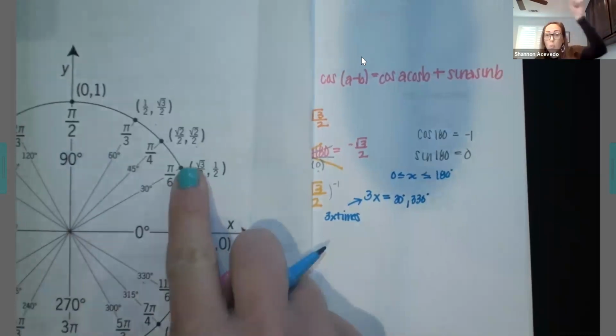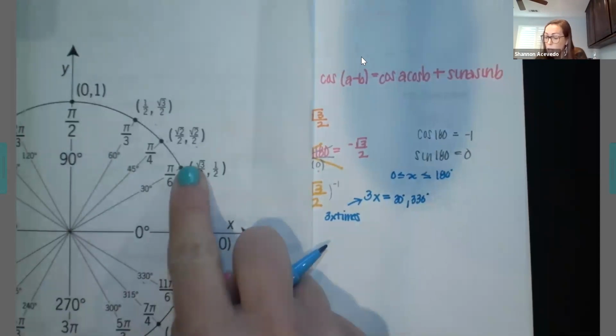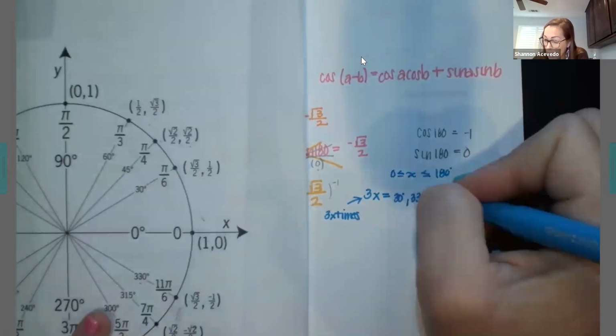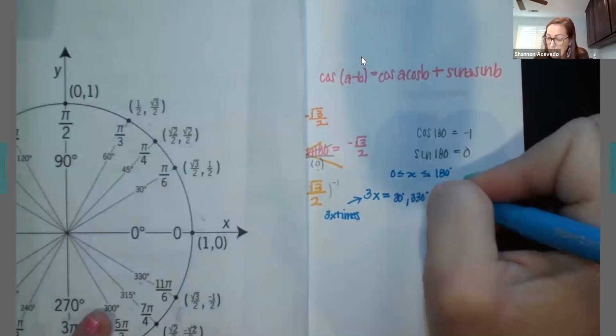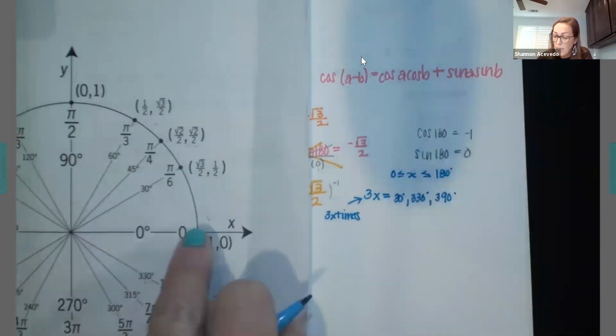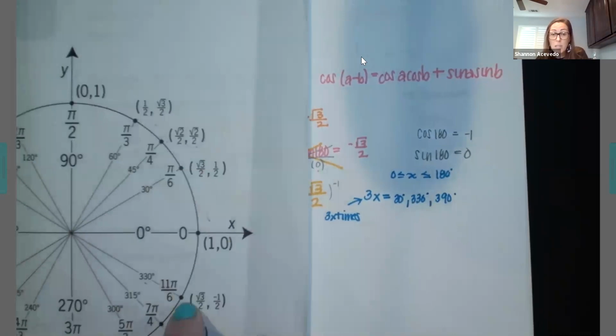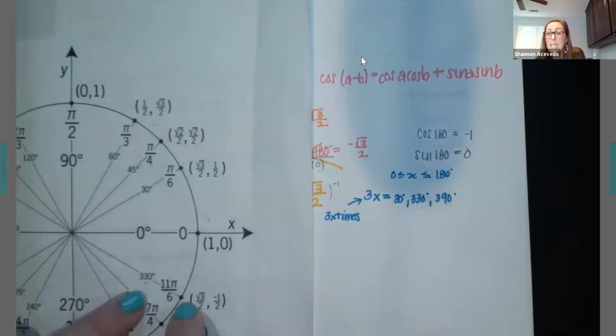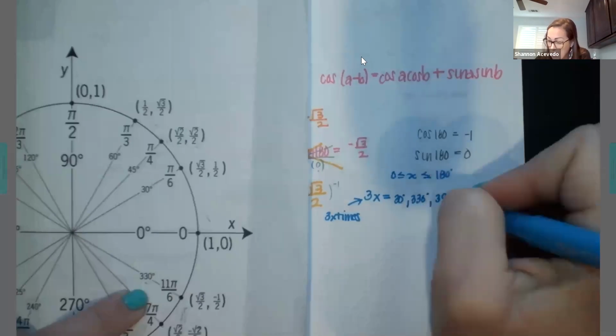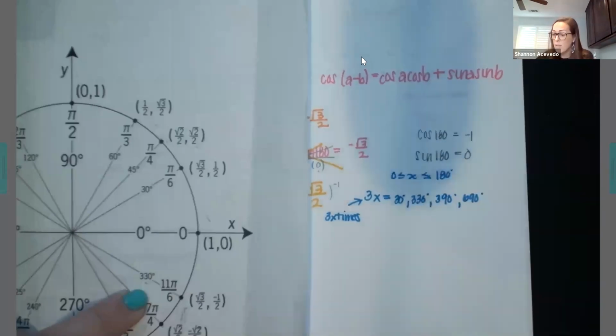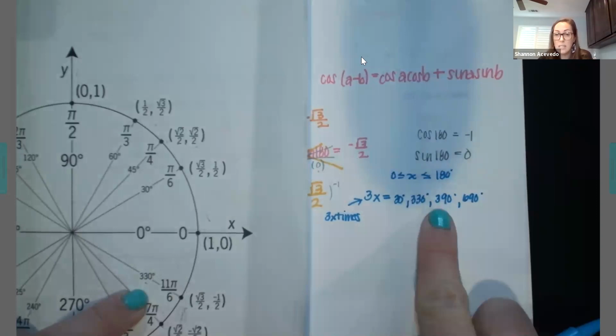Remember, I went around 360 already, plus another 30, so the next one would be at 390 degrees. Then I come back here, and this would be my second time here, so it'd be 360 plus that 330, which is 690. And I would add 360 again to these.